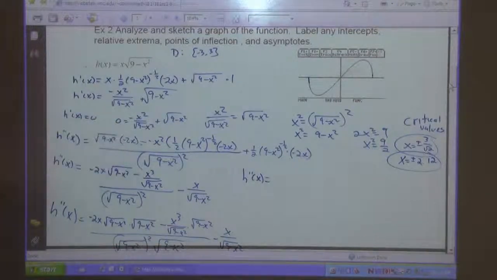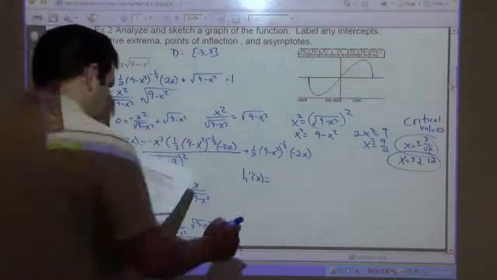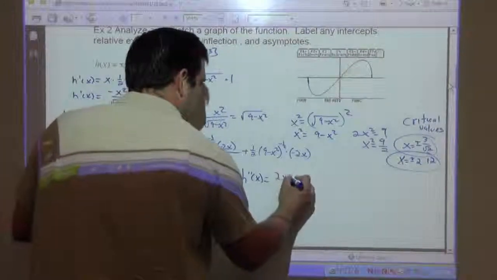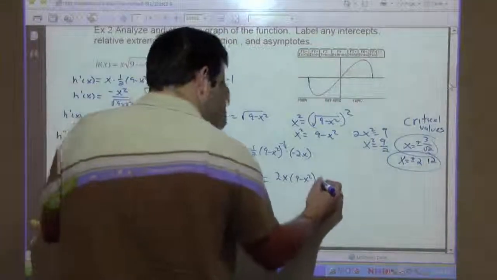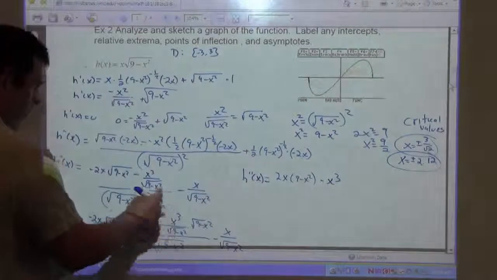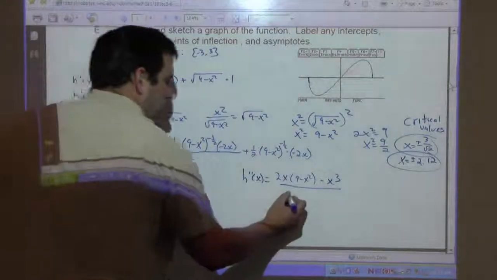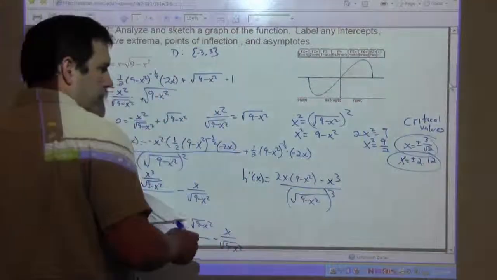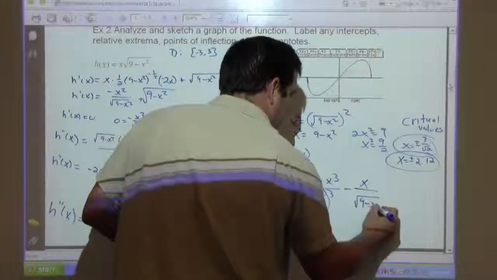So yeah, that seems right. I'll start right here. Okay. So h double prime is going to be 2x times 9 minus x squared minus x cubed from this part, so all over the square root of 9 minus x squared, cubed. And then we have minus x over the square root of 9 minus x squared.